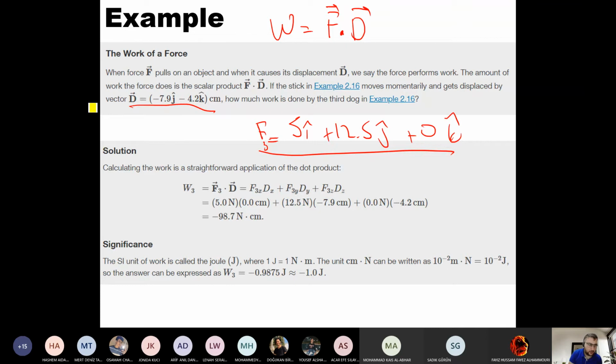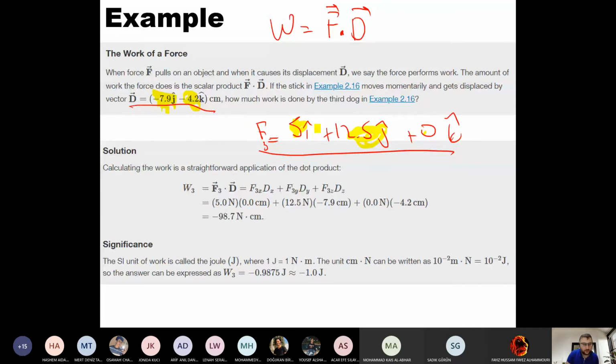X component with X component, Y component with Y component. There's no Y component of displacement, so it is 0. Then K component with K component, but it has no K component, so it is also 0. So the only component is which one? Not I hat, this is J hat, sorry, I did it wrongly. So the I components are 0, but there is only a J component.